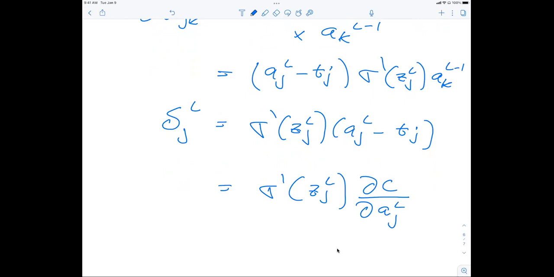So this is just another way you will see this parameter delta being written. And we are going to use this parameter in the equations which follow after the break.